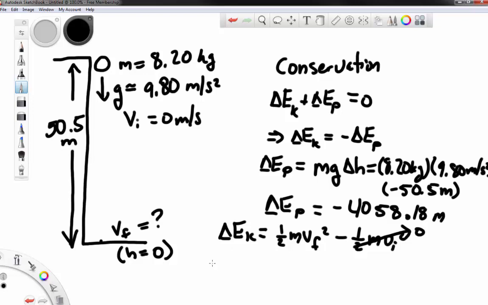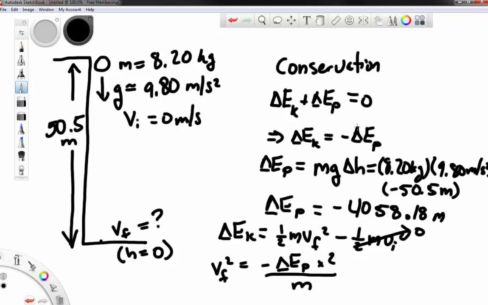So that means that the final speed squared is equal to the negative change in the potential energy times 2 divided by the mass. This is because if 1/2 m v final squared is equal to E potential, then m v final squared must be twice the potential.